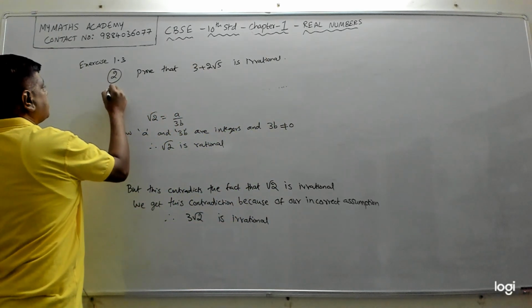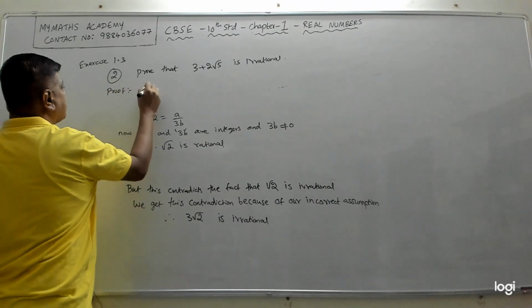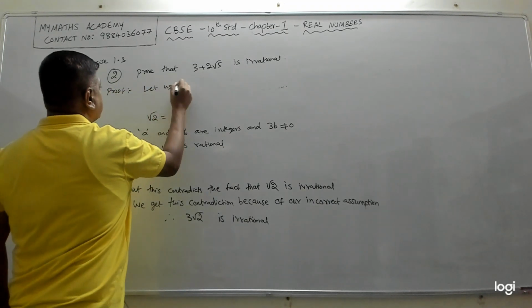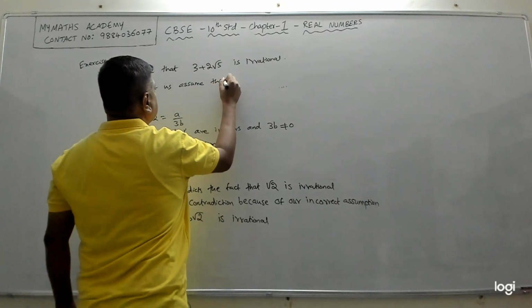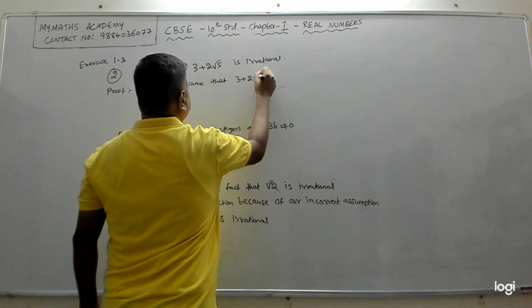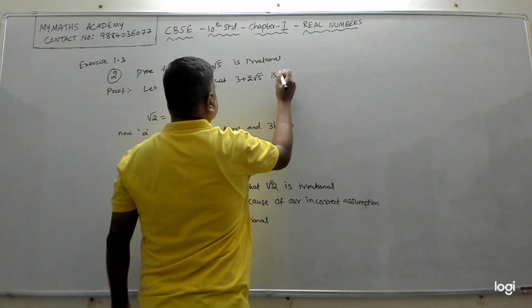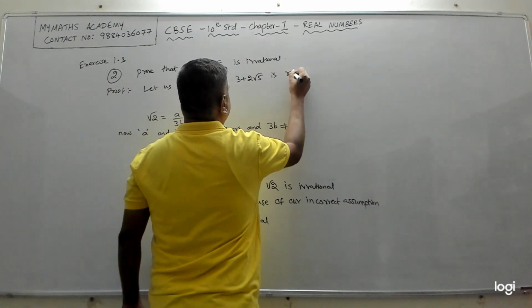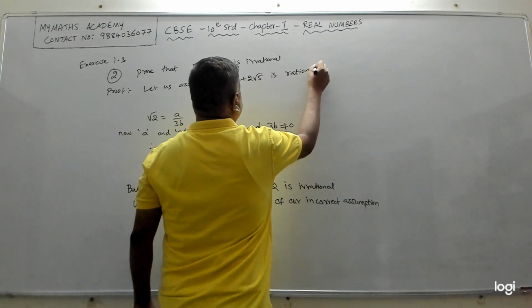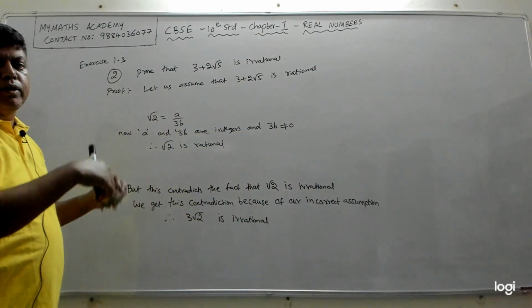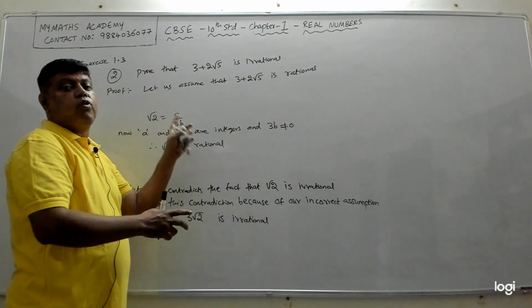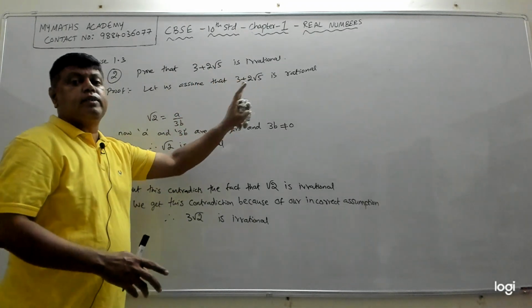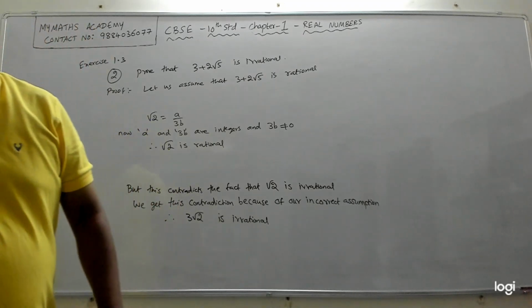We will say proof is: let us assume that 3 plus 2 root 5 is rational. We are going to assume that it is rational. Then we should get a contradiction. Then we will say no, our assumption is incorrect. Therefore, 3 plus 2 root 5 is irrational. That is how we will prove that.